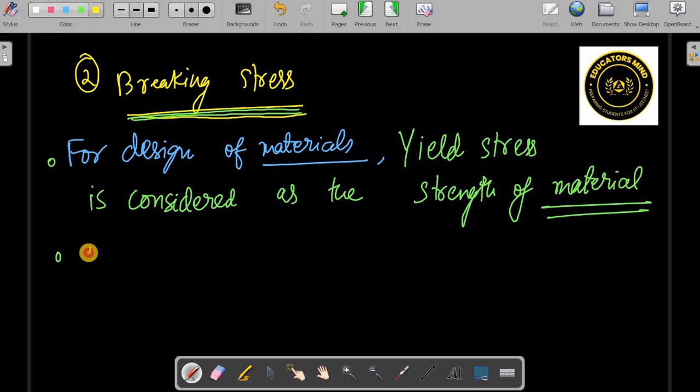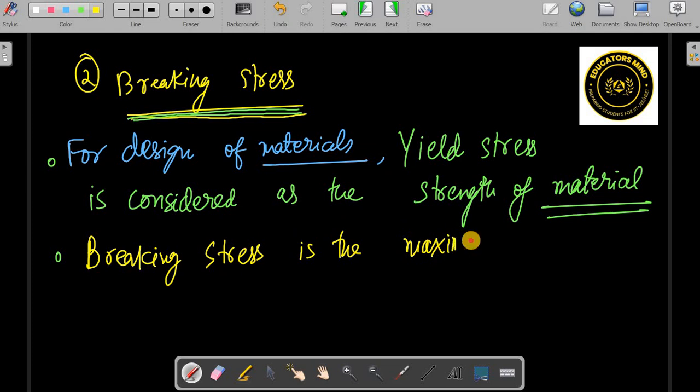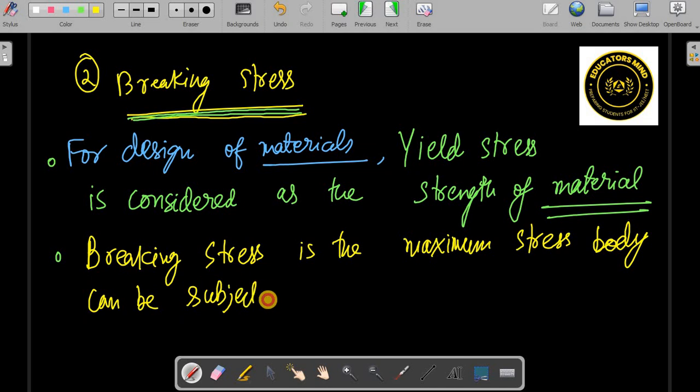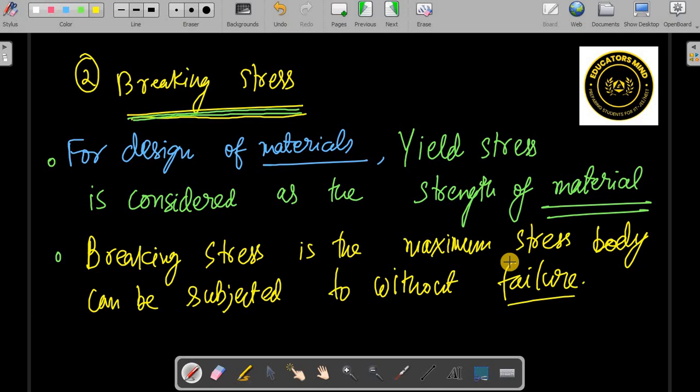So breaking stress is the maximum stress a body can be subjected to without failure.